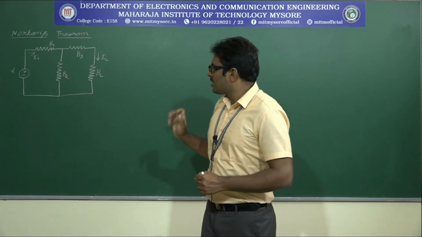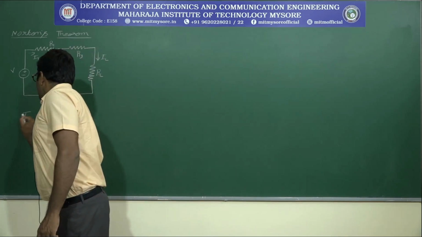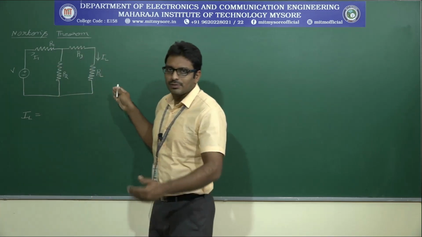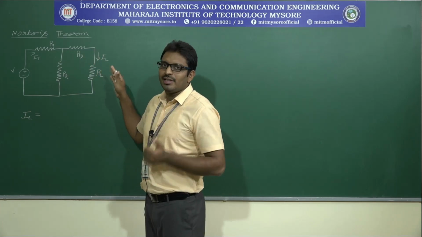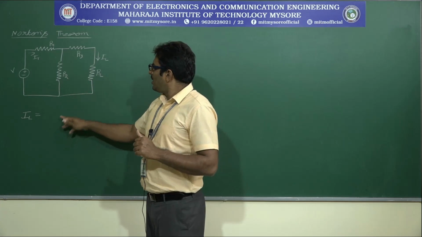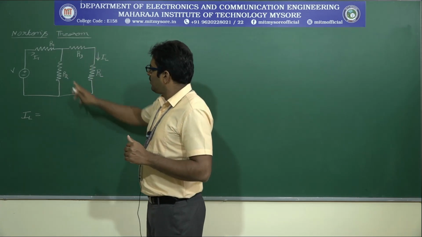First, let me calculate IL, the current through the load. I don't want to explain much about finding IL because we already discussed this concept in Thevenin's theorem. IL is the current through the load by using the current divider rule.